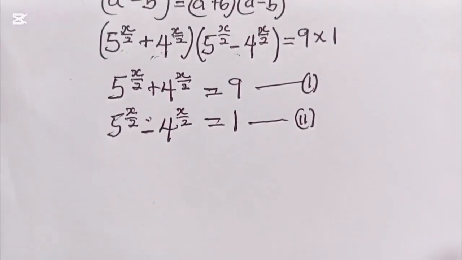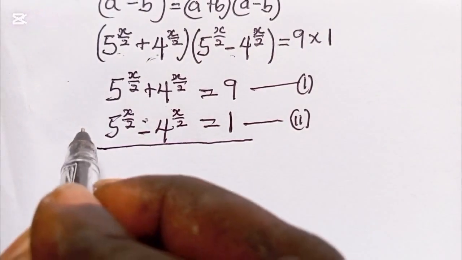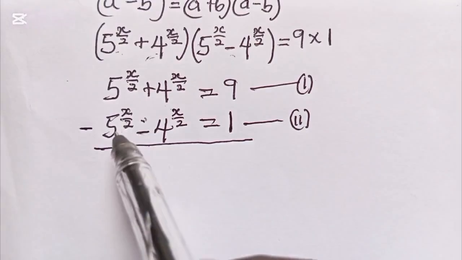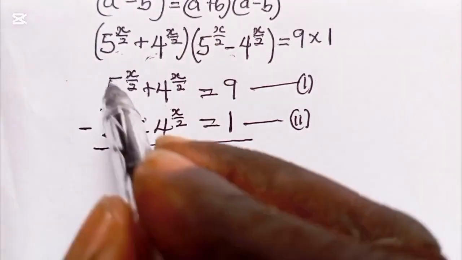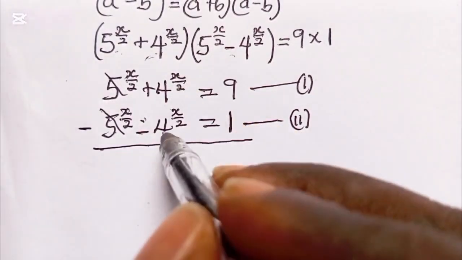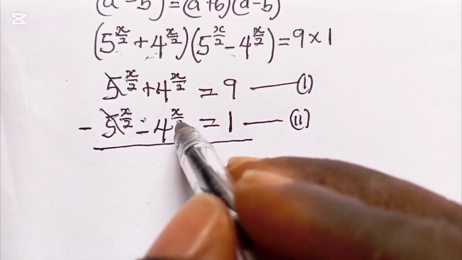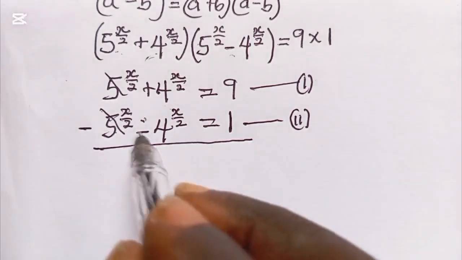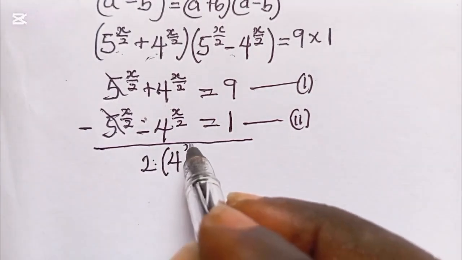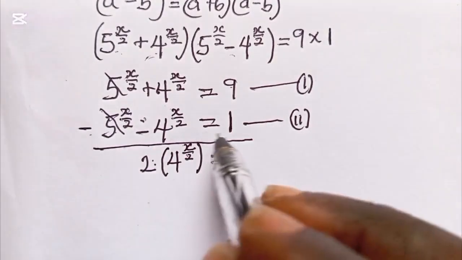So what we do is we solve the equations simultaneously. To do that, let's subtract equation 2 from equation 1. If you subtract this minus this, it cancels each other. Then we have 2 times 4 raised to the power of x divided by 2 equals 9 minus 1.